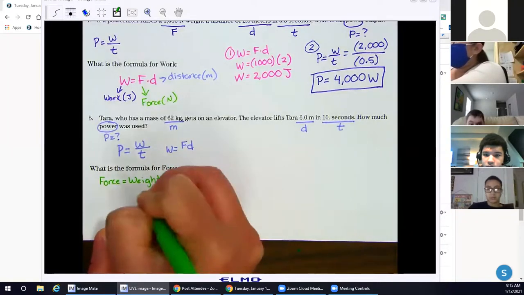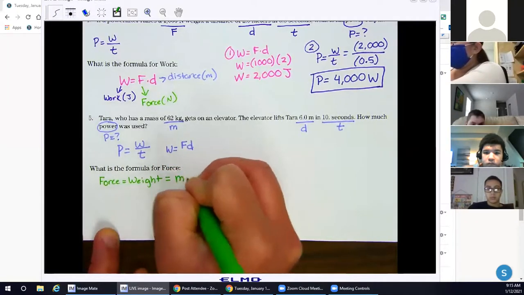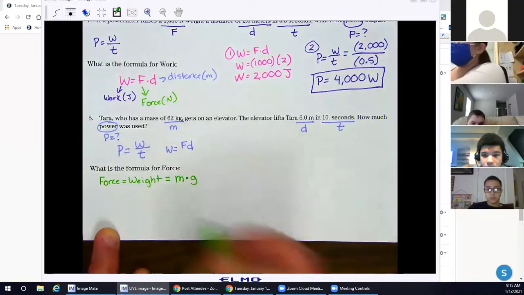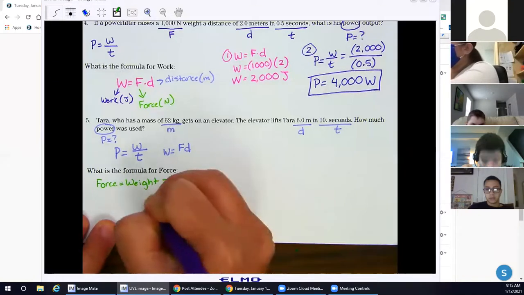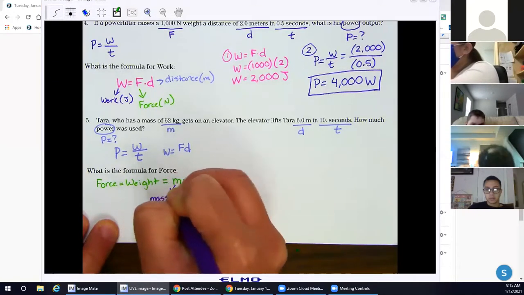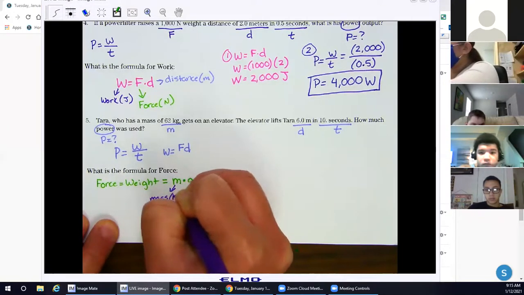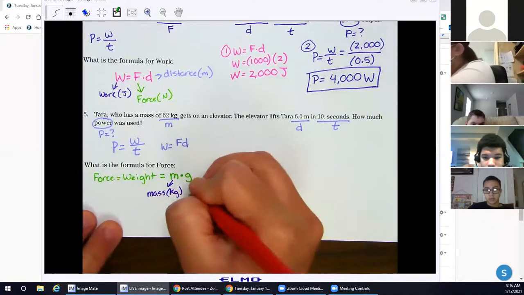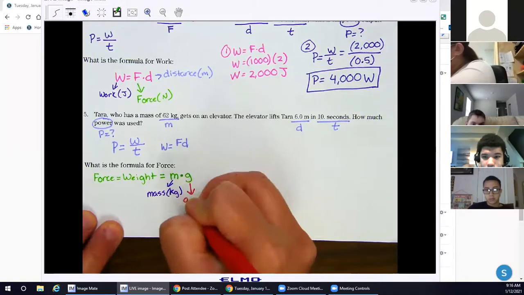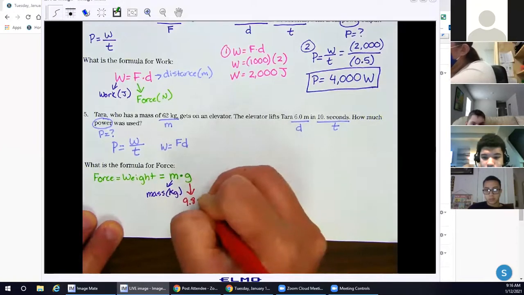And the formula for weight is mass times gravity. M stands for mass, which is kilograms. And G stands for gravity, which is 9.8 meters per second squared.